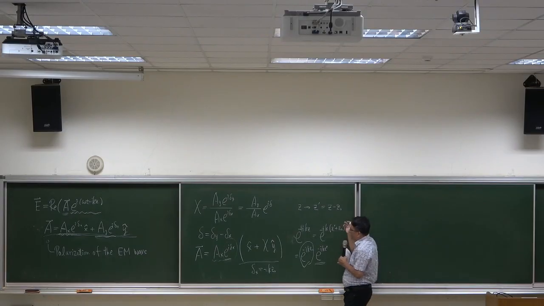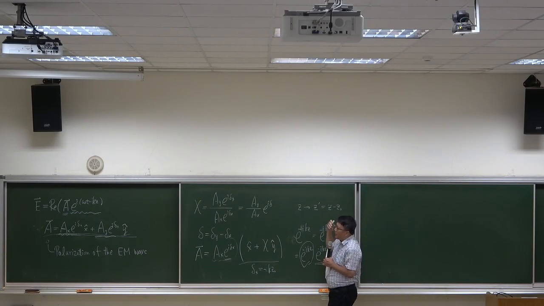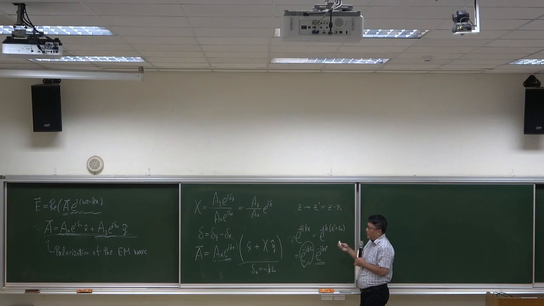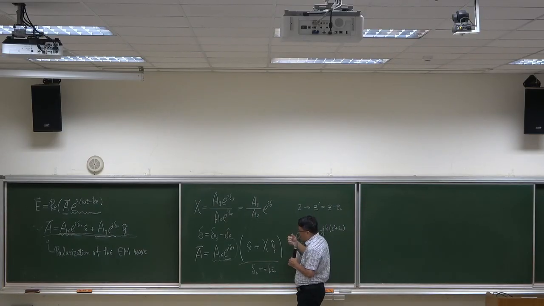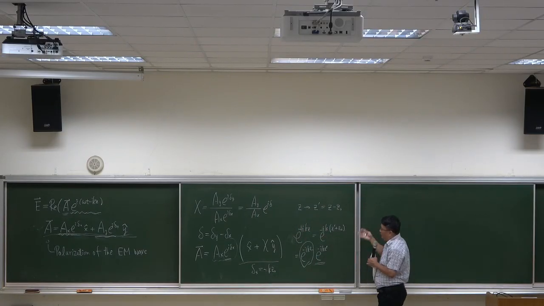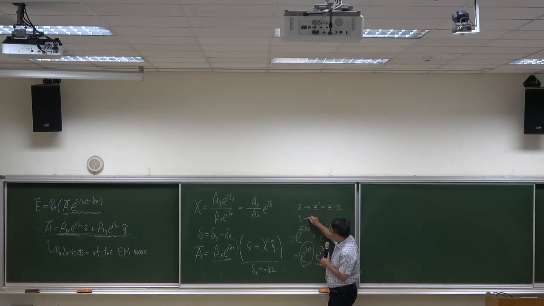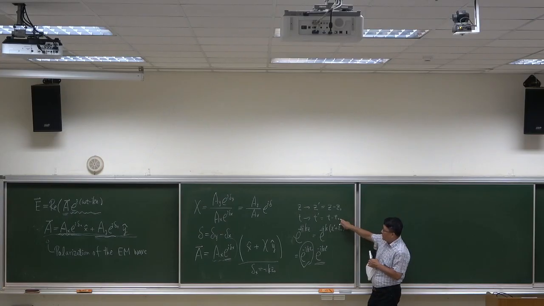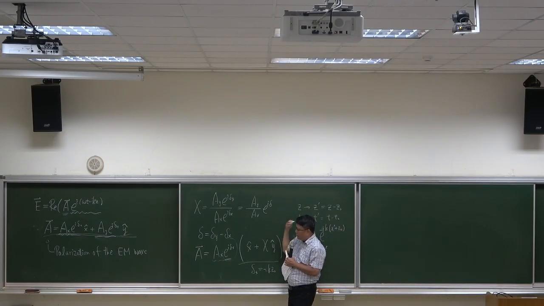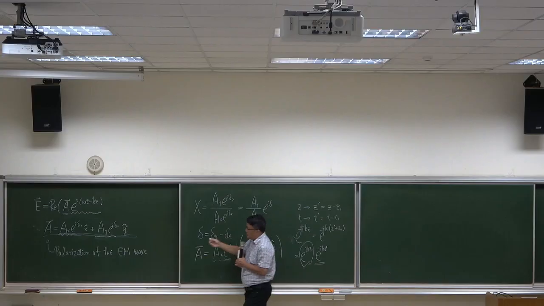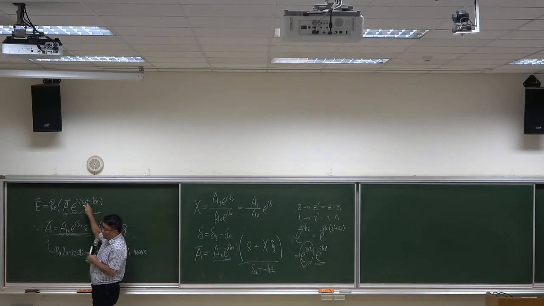You can also change the time coordinate, which means that we can start our counting of time from a different point. Say, for example, I change t to t prime equal to t minus t0. Then we can have an additional phase factor from this exponential i omega t0.